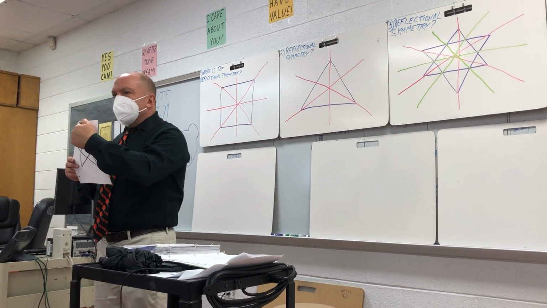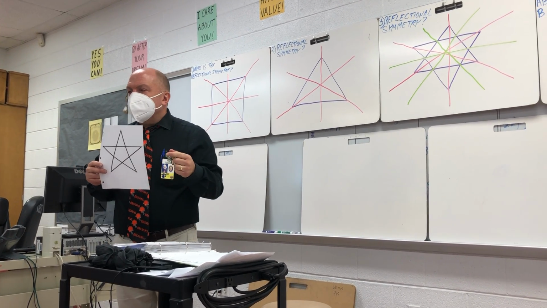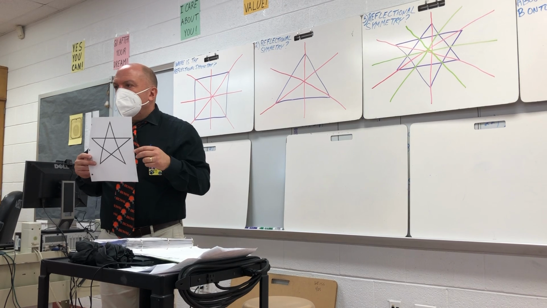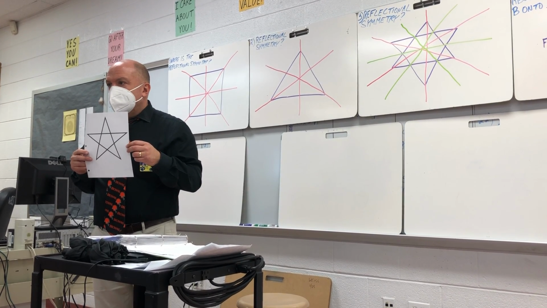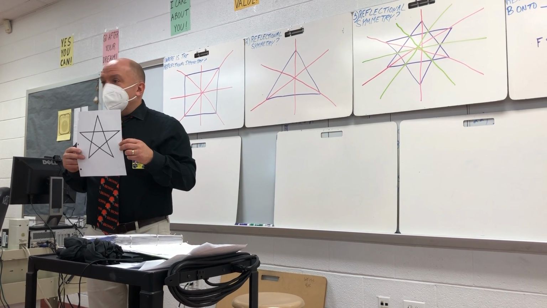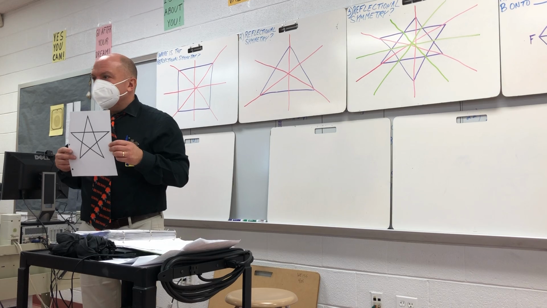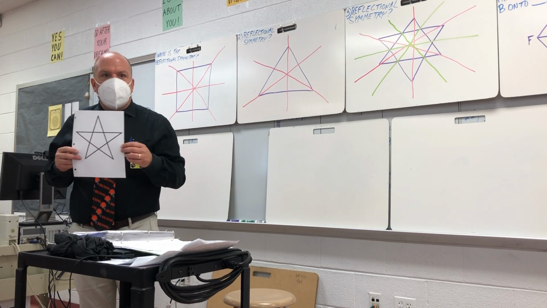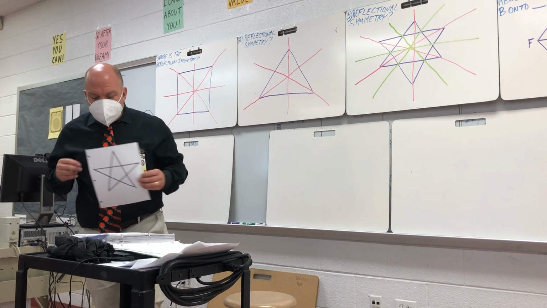It's 72 degrees to go from here to here. So however many times it maps onto itself, that's what you divide 360 by. You just do 360 divided by that number and it gives you the degrees. Can I have a nod if you understand what I'm talking about? It's pretty easy, right? Okay.